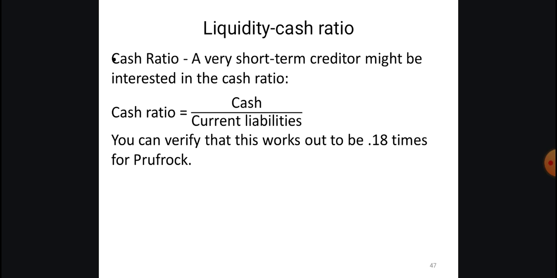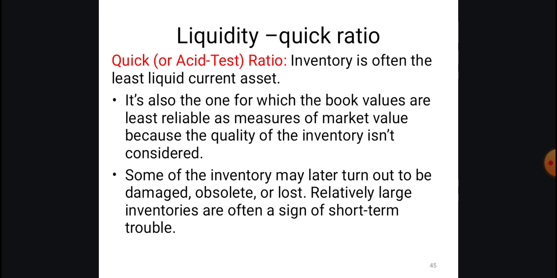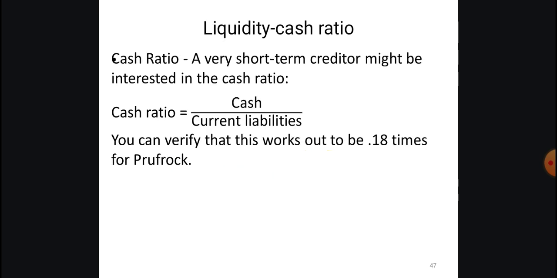You can verify that this works out to be 0.18 times for Prufrock. You can go back and refer to the balance sheet of Prufrock. The ratio is simply cash divided by current liabilities.